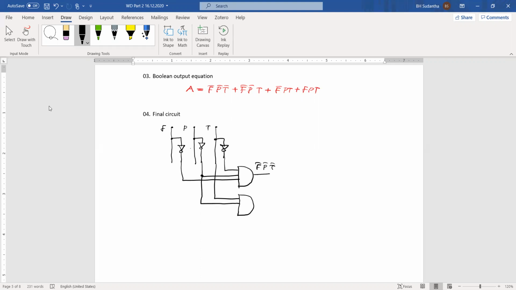Then, sorry, T, T bar, F bar. T, then next one F bar, P, T, F bar, P, T. T, and this is F bar.